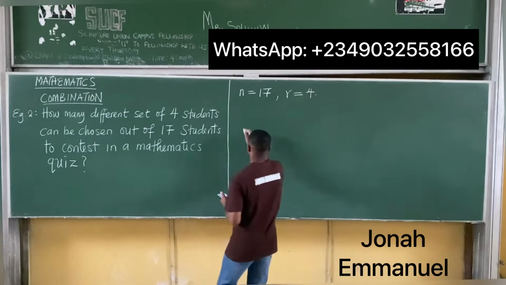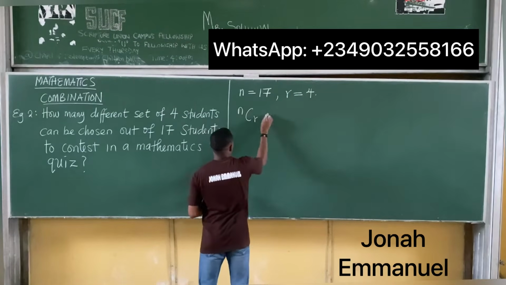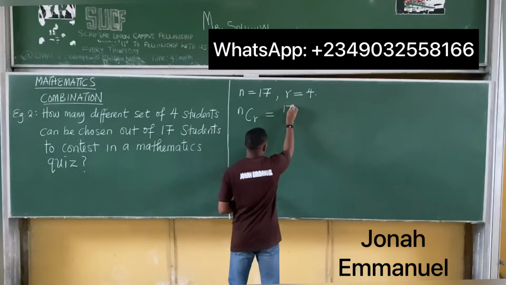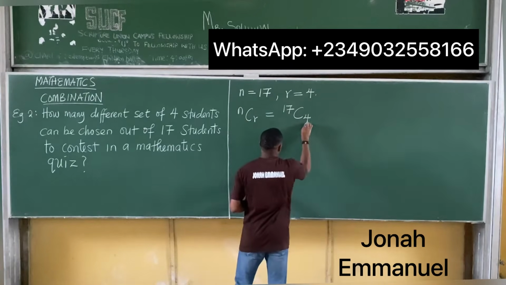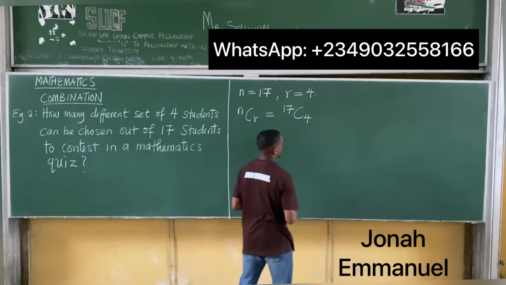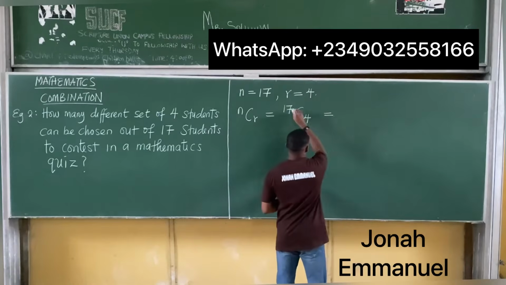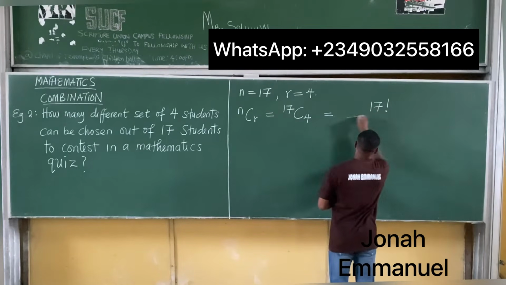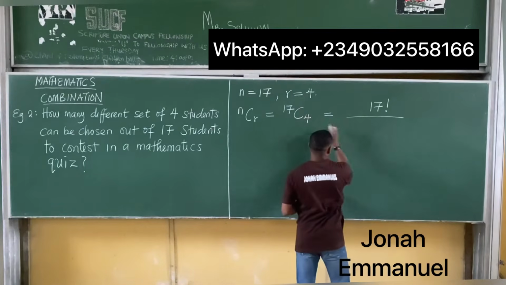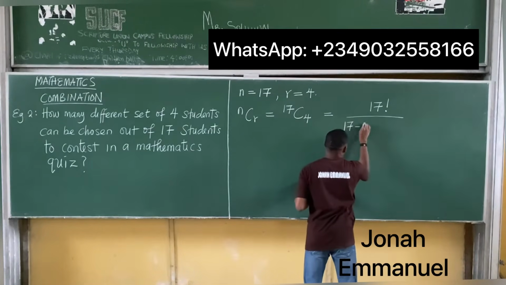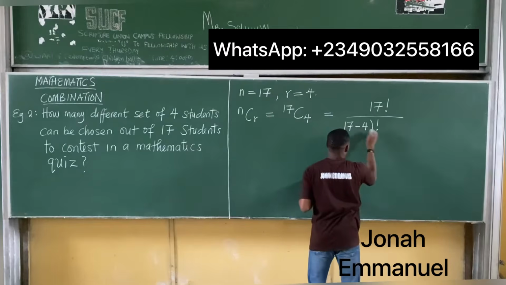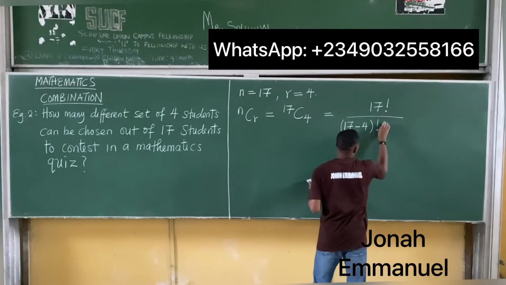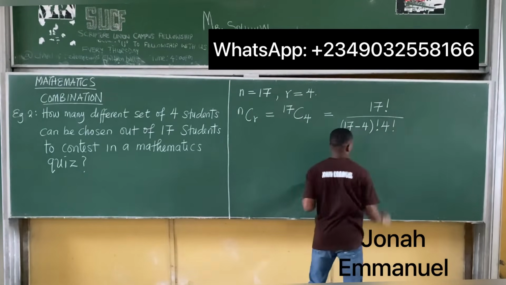So hence, n combination r will be equal to 17 combination 4. So if I had to solve this now, this will be equal to 17 factorial all over 17 minus 4 factorial, and then 4 factorial.